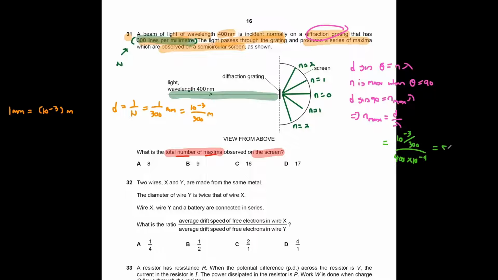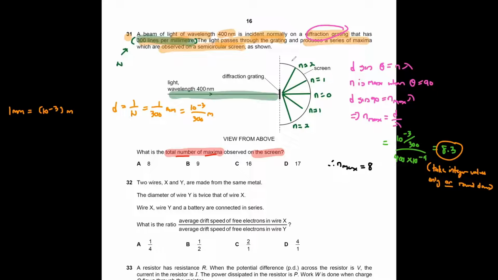Okay. So this value here, 8.3, you either take integer value only, or you just round down. Okay, this is always either of these two. So therefore, your n max is going to be 8.